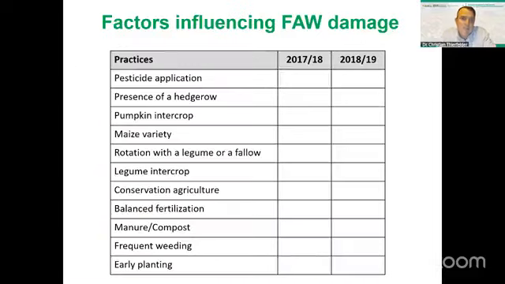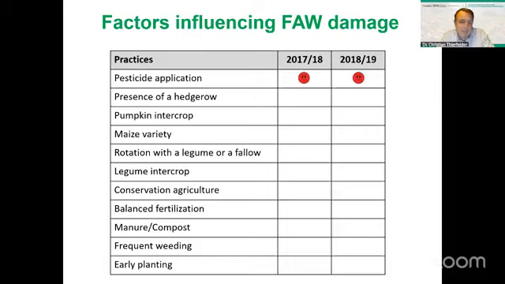And then what was very interesting, we looked at factors influencing fall armyworm damage through a very thorough survey that we did with the farmers, asking them about their cultural practices, what they do in their fields. We found, interestingly, very little effect of those pesticides that were applied at that time.